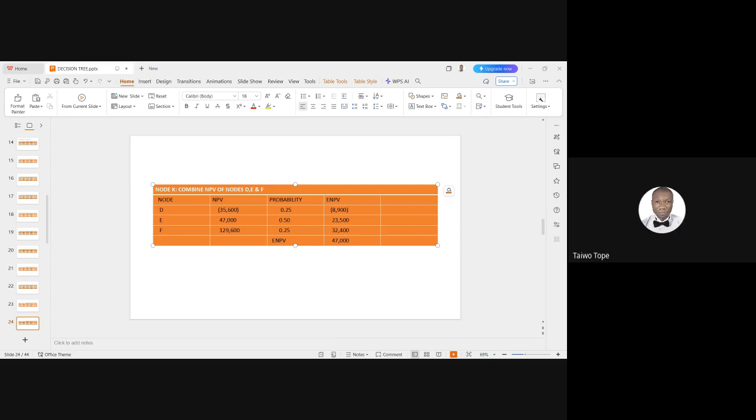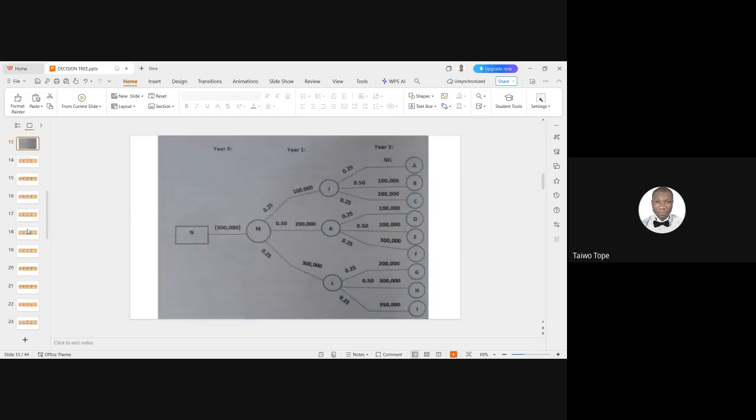So the next point of attraction is what? Is GHI, right? For us to get L. So what will be the outcome? The NPV for G is what? 137,900 multiplied by 0.25. 34,475.